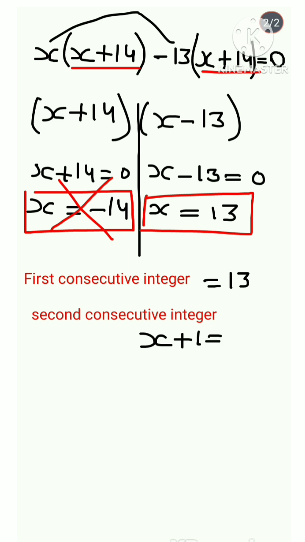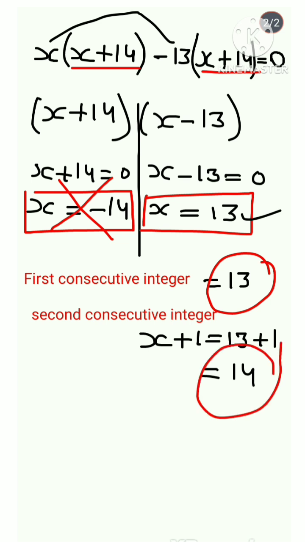Now just put the value of x, 13 plus 1. Now we obtain 14. Okay, in this way we have obtained two consecutive integers. First one is 13 and second one is 14.